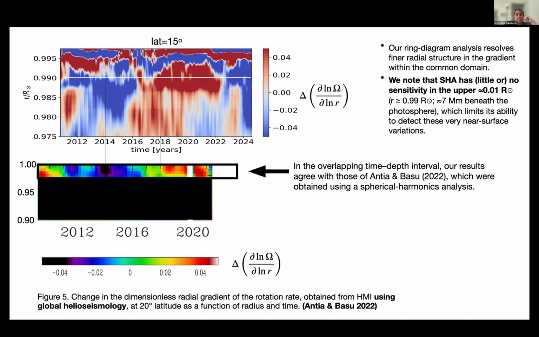So you see that these red positive residuals around the year 2020 are in the same place in both. Also around 2014, 15, you have these negative residuals in blue that also agree. And one thing I want to call your attention to is that in global helioseismology, we cannot see the upper layer, right? More or less above 0.99, you cannot see.